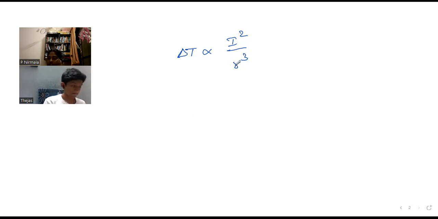If the radius increases, the rise in temperature decreases.